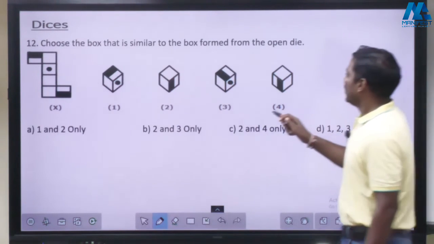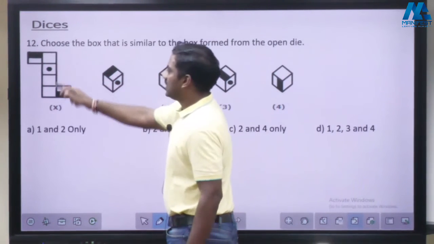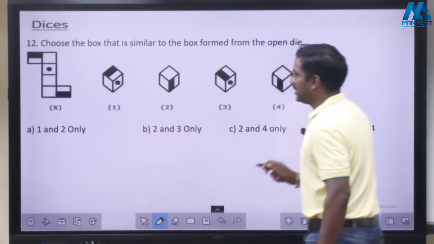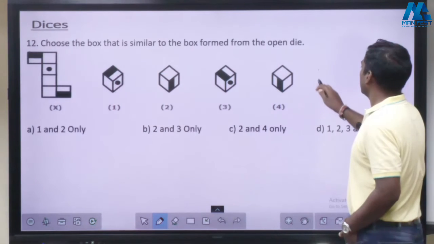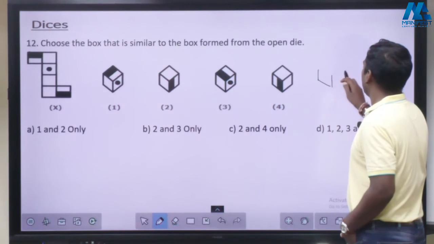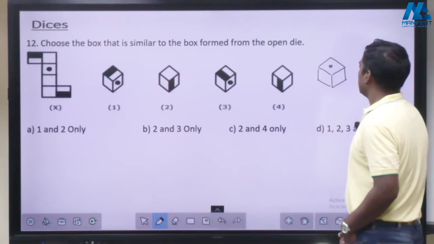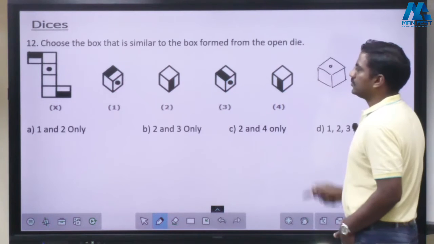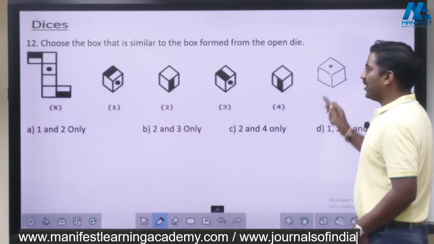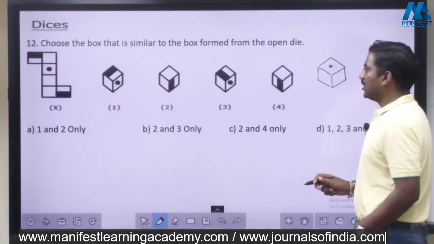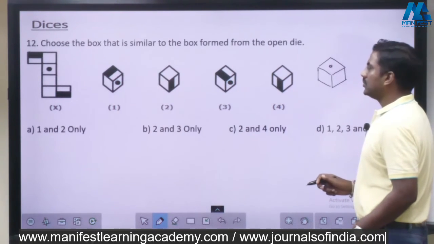What I'll do, I'll take first this strip. I'll put this on the top. Okay. And blank on the front.